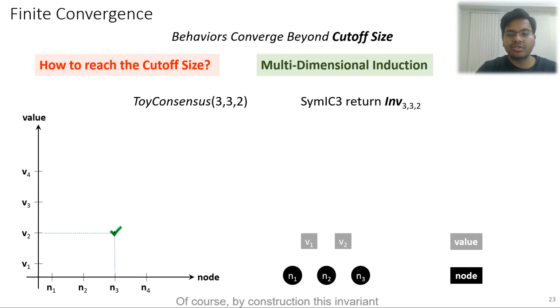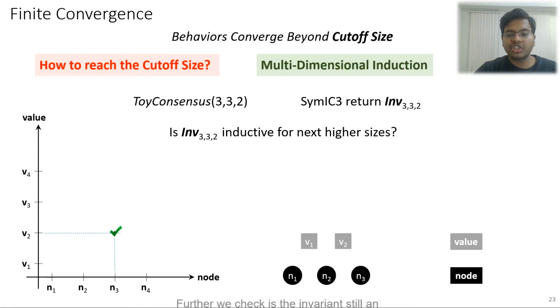Of course, by construction, this invariant has to be an inductive proof for this size. We further check, is the invariant still an inductive proof for the next higher sizes? That is, if we add a node, is inv332 still an inductive proof?